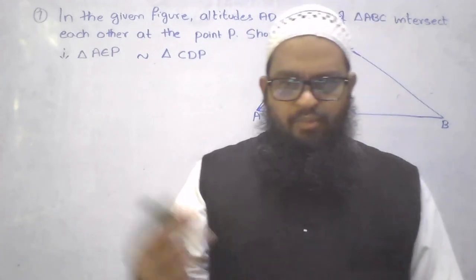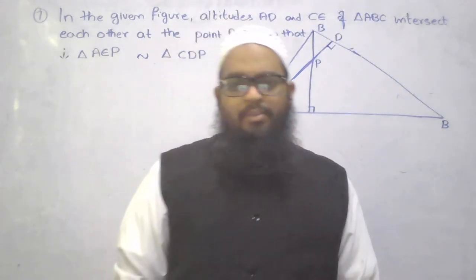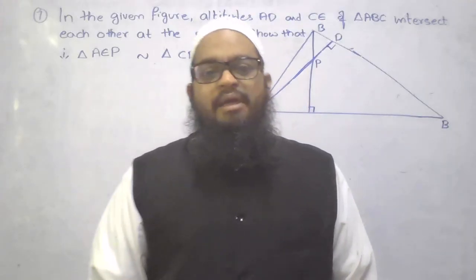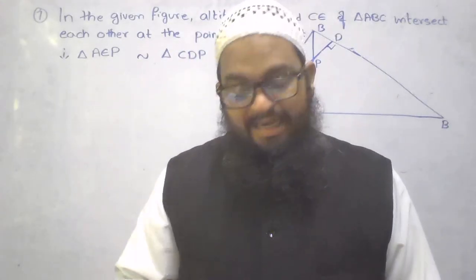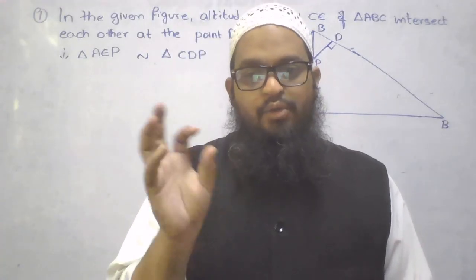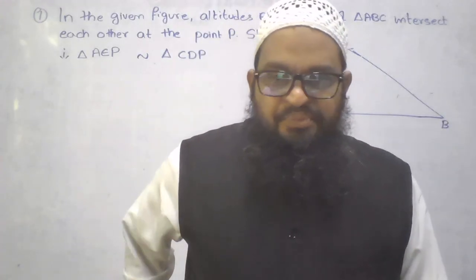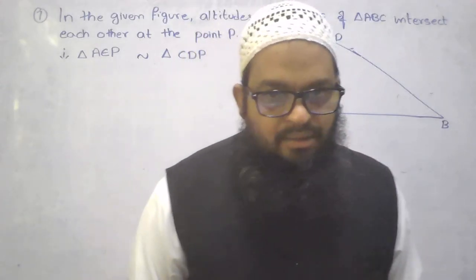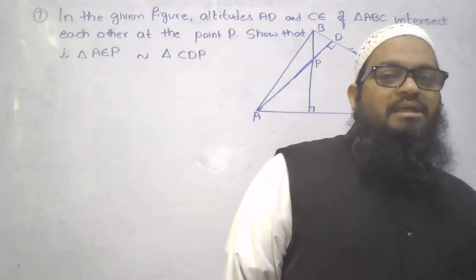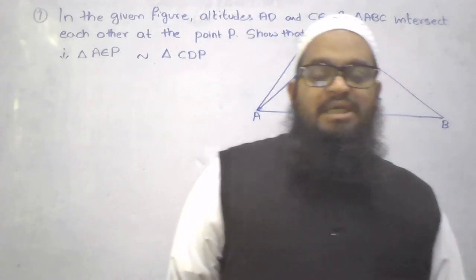He has given three more points, so let us discuss one by one. In the given figure, whenever you see a question, read it once so that you get the background picture, and then try to break it. AD and CE are altitudes.